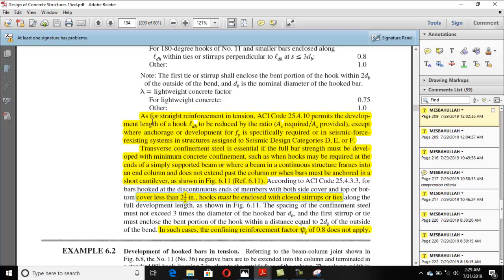In this case you don't need to multiply psi r equals 0.9.